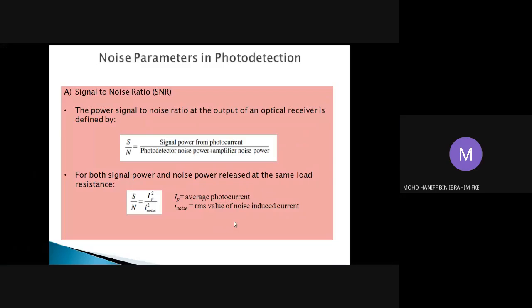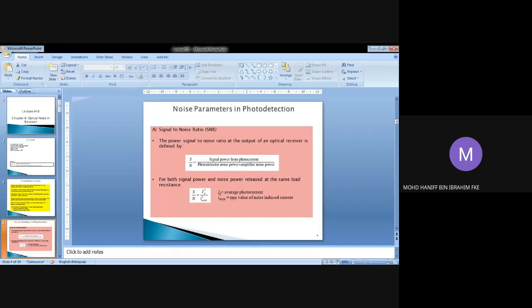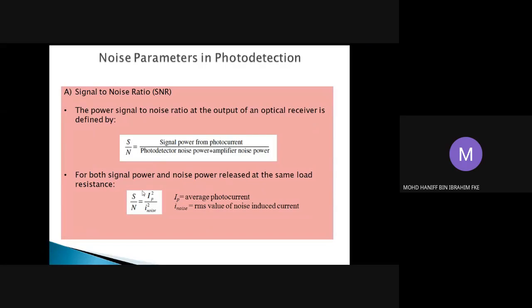So this is the formulation for signal to noise ratio, which is the IP squared. IP squared stands for the signal, the photocurrent value, divided by the noise, which is the mean square value of the noise induced current, so that should be the I noise.